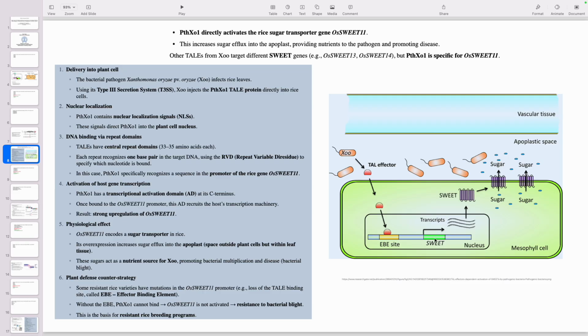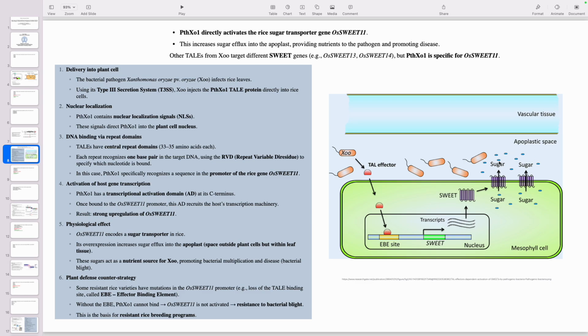The physiological effect is that OS sweet 11 encodes a sugar transporter in rice. Its overexpression increases sugar efflux into the apoplast, which is the space outside the plant cell within leaf tissue. These sugars act as a nutrient source for Xanthomonas, promoting bacterial multiplication and disease.